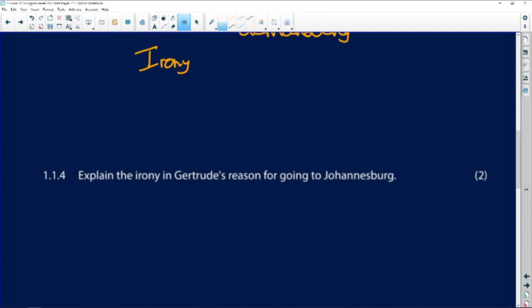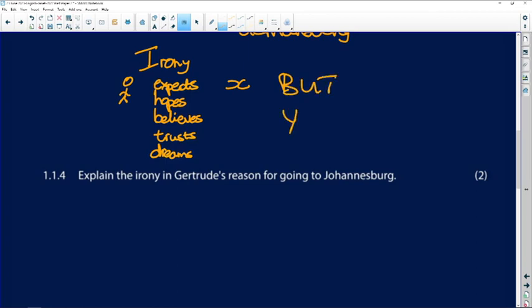Irony is when somebody, so let's put the person, the writer or the reader or something, expects something, and I'm going to call it X, or hopes something, or believes something, or trusts something, or dreams something, but yet, what is the reality?